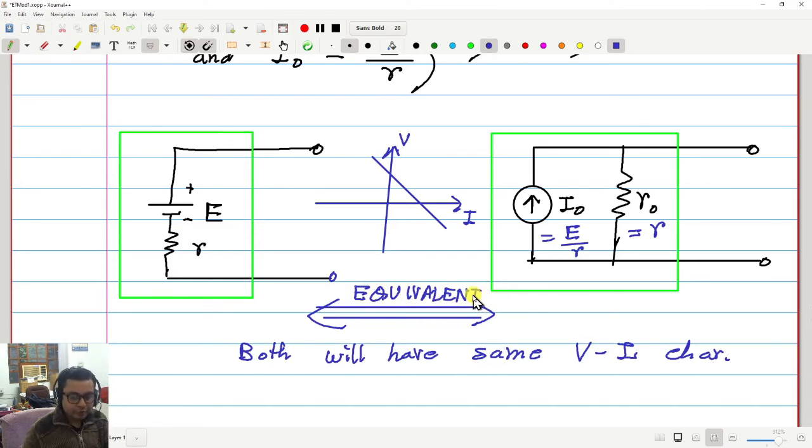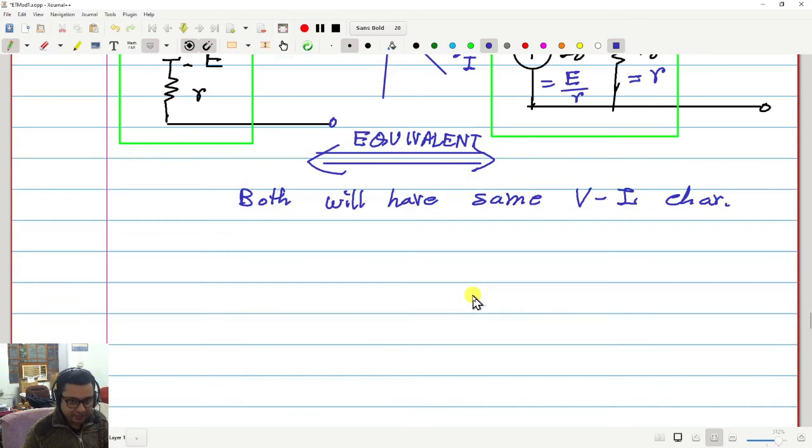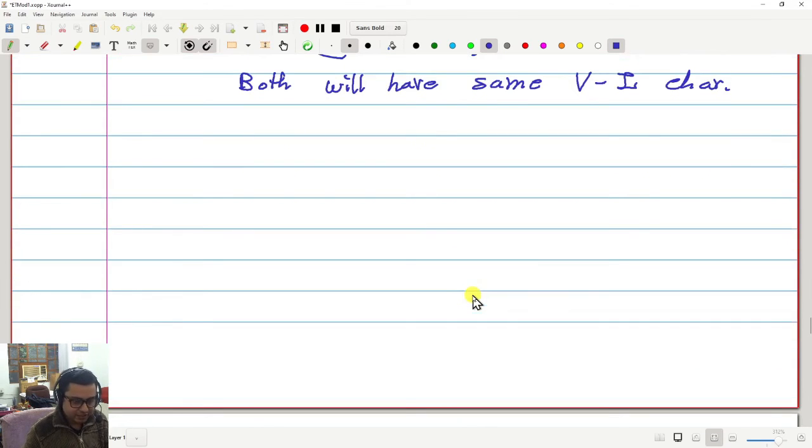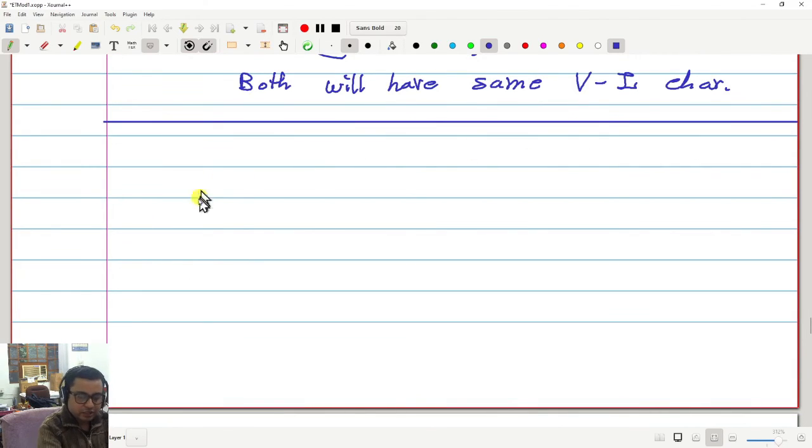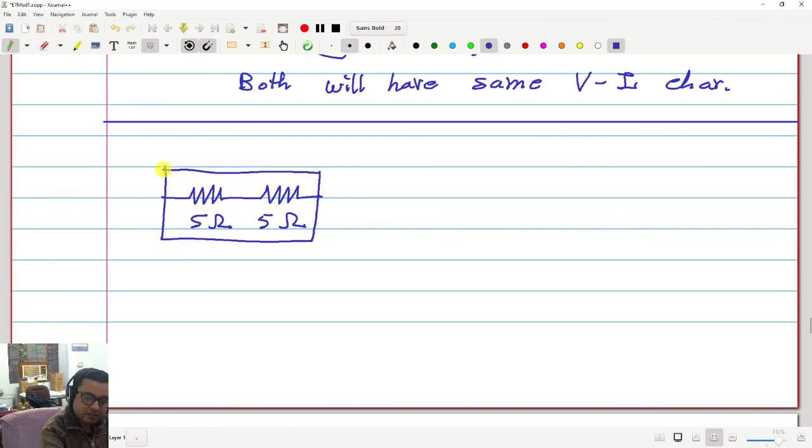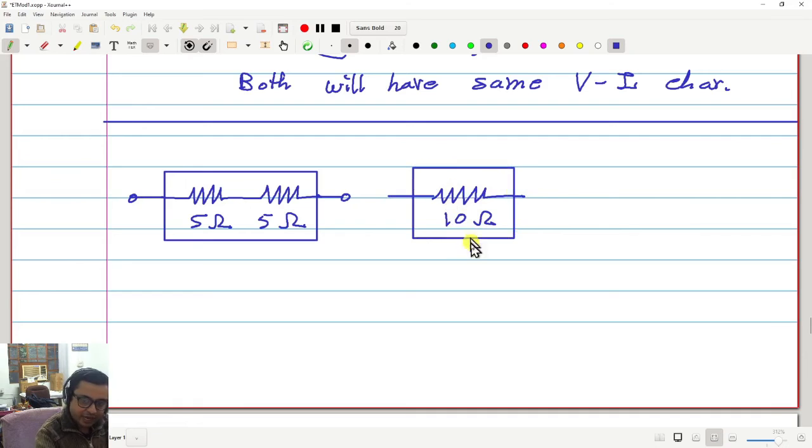What do we mean by equivalence in electrical engineering or electrical circuit? For example, suppose we have two 5 ohm resistances connected in series, and I put them in a completely sealed box, and then I take another single 10 ohm resistance and put that in an identical box.